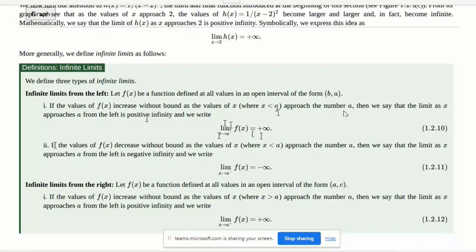Now, number 2, where x is less than A again, the limit of f of x as x approaches A from the left is equal to negative infinity.